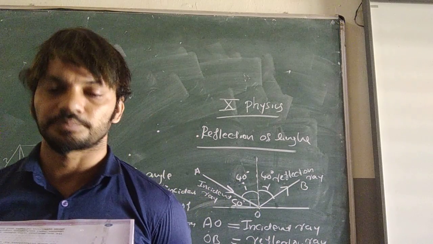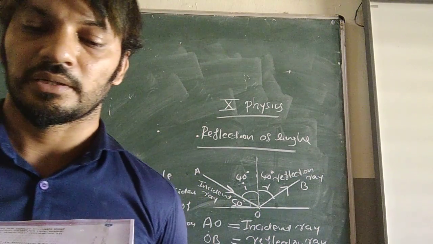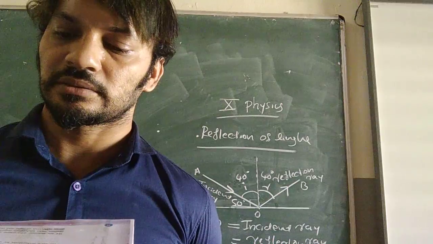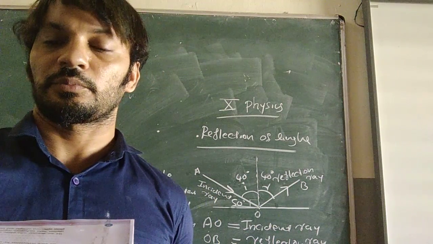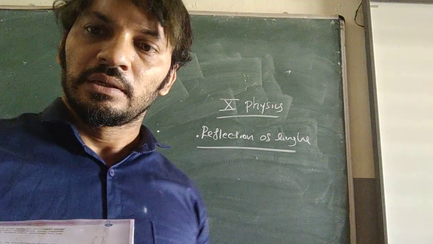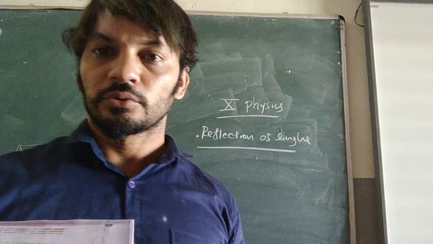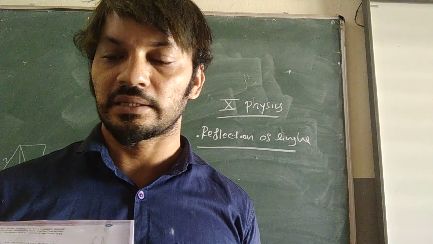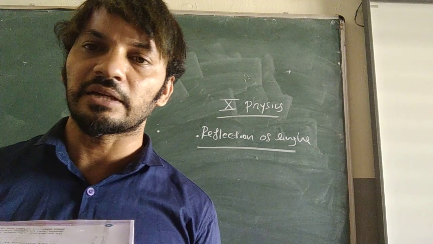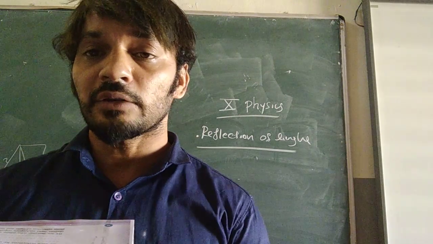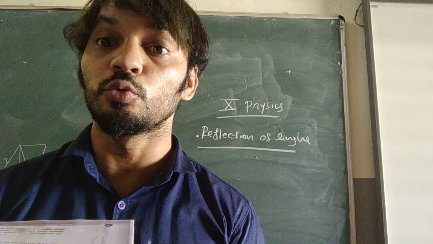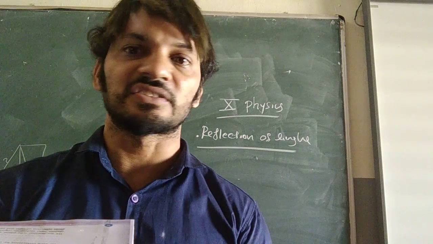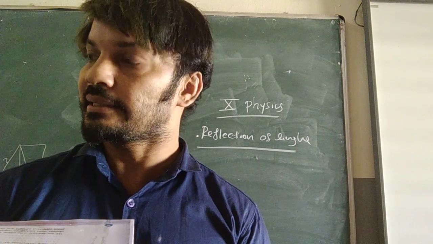Understood now? Next, look at figure 4.2, two figures are given. The first one is known as regular reflection, the second one as irregular reflection. Regular reflection happens on a smooth surface, in tiles, in a mirror, in granite.